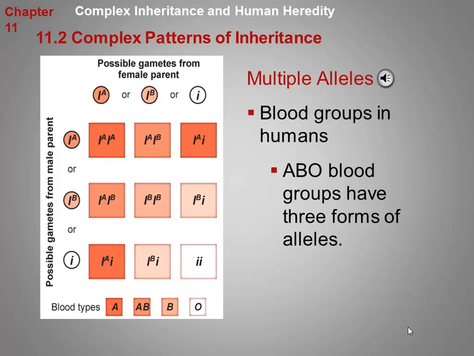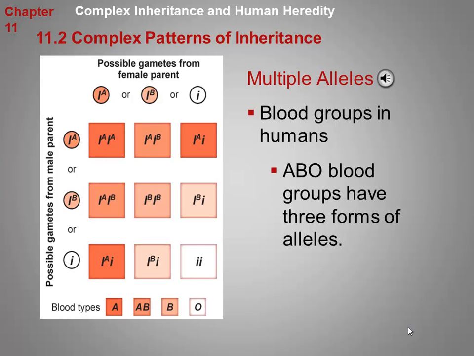So there's 3 forms of that. O is actually just the absence of A or B. So instead of blood type being controlled by 2 alleles, like all the traits we've been talking about, it's actually controlled by 3 alleles, which is then what allows you to have 4 different blood types: A, B, AB, or O.